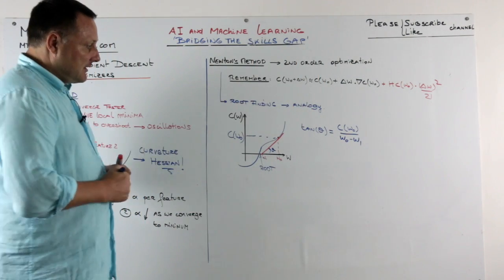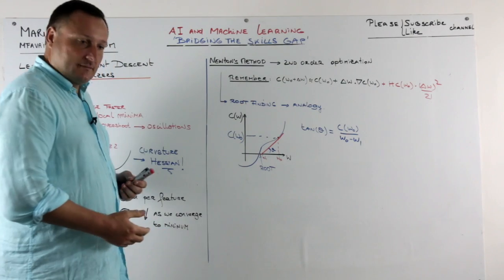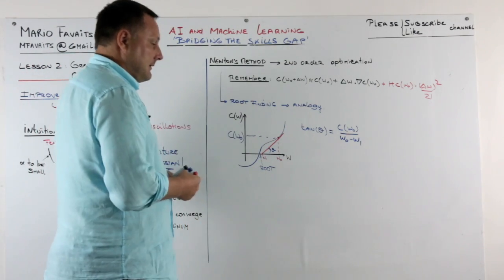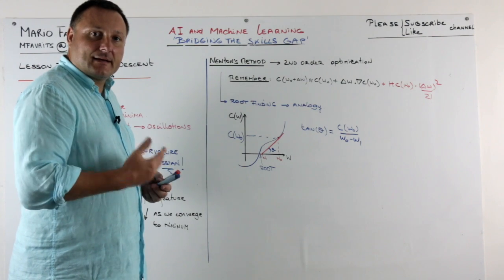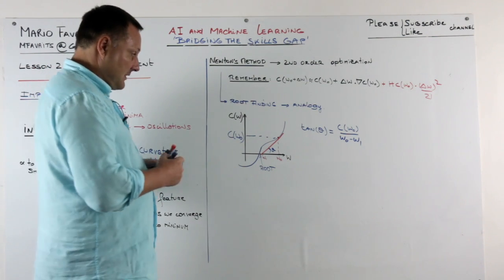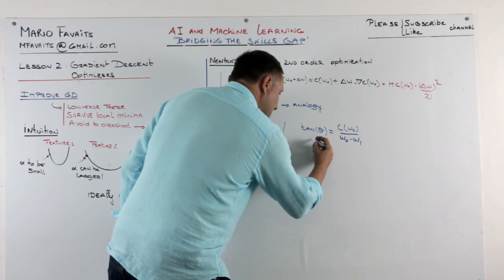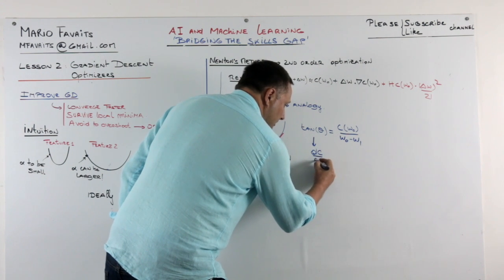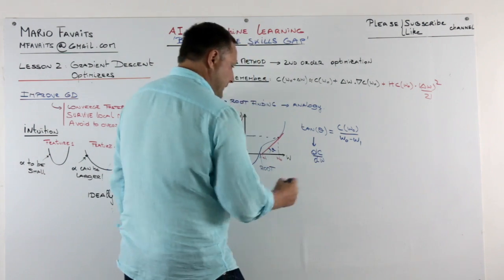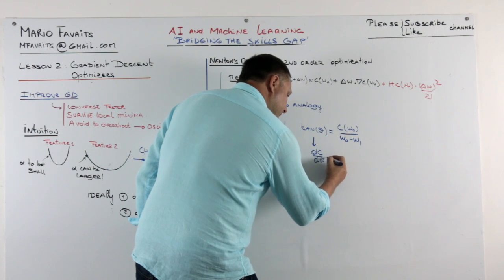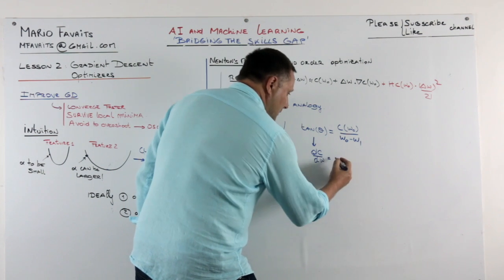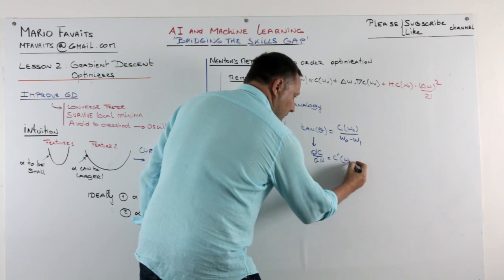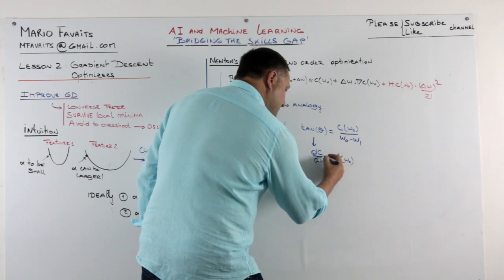That's very simple trigonometry. Now the tangent line, we've seen that that's exactly the definition of a derivative. So the tangent of theta is the same as the derivative of C with respect to W, which is C prime of W, taken in the point W0.